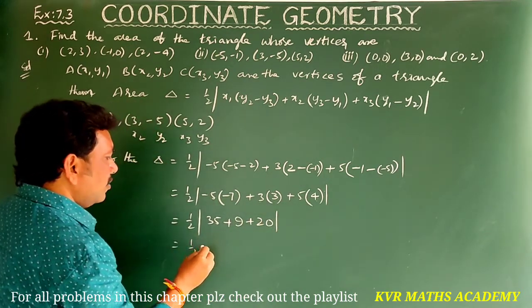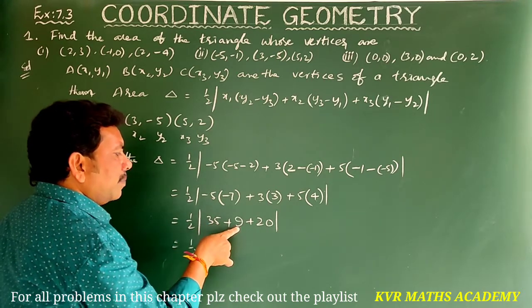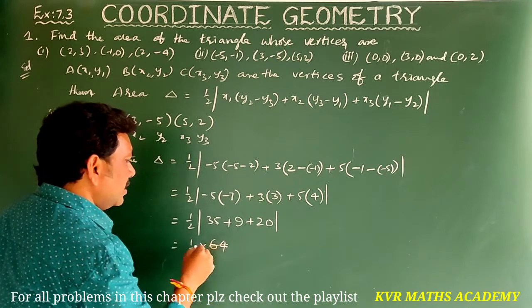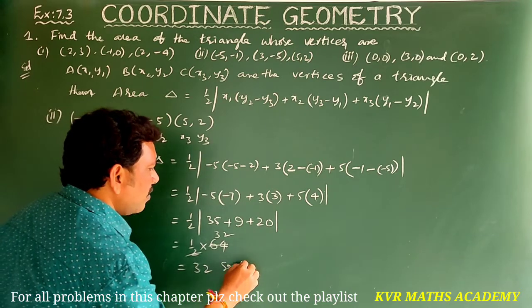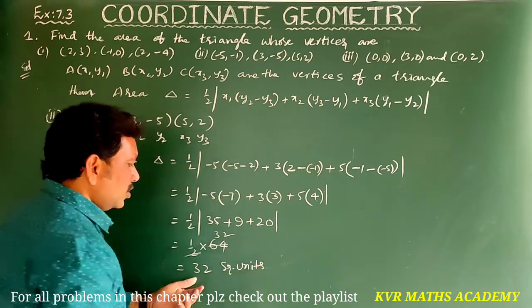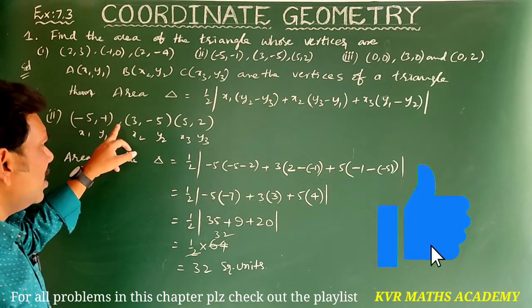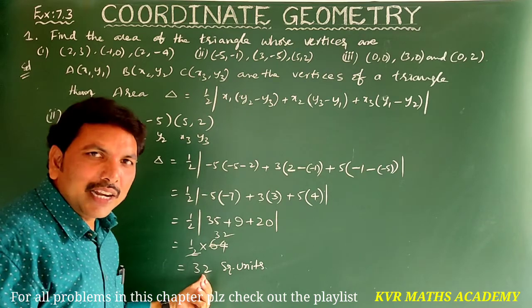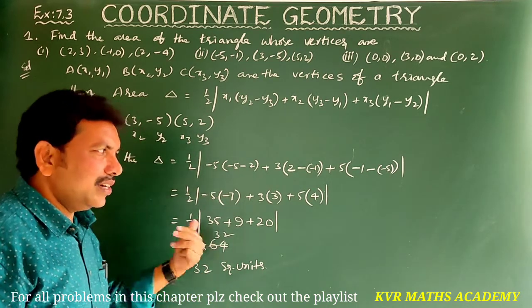All are positive values. This is 35 plus 9, 44, plus 20 is 64. Half of 64 is 32. That is equal to 32 square units. So the area of the triangle whose vertices are (-5, -1), (3, -5) and (5, 2) is 32 square units. Have you understood? Yes, note it down.